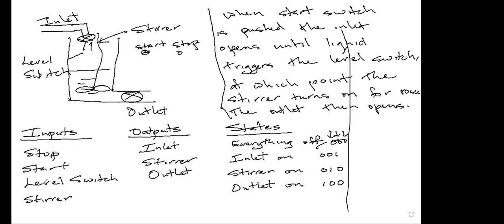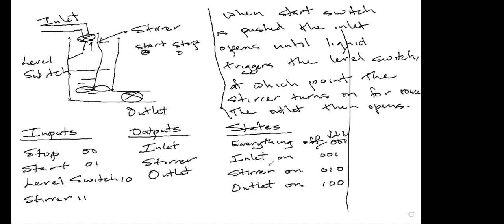It's 4 different things, so we can use a binary number 0, 0 to indicate stop, 0, 1 to indicate start, 1, 0 to indicate the level switch, and 1, 1 to indicate the stirrer.